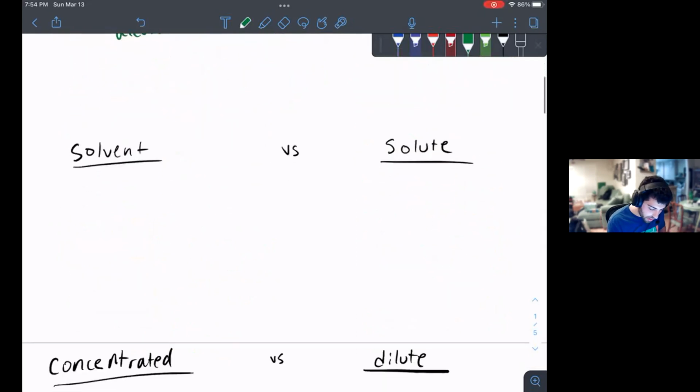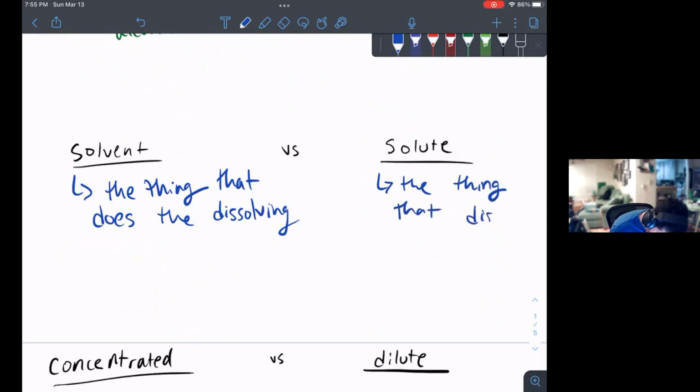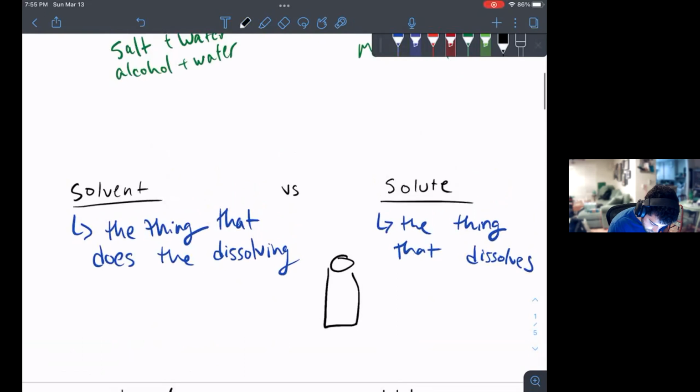The next ones we're going to define are solvent and solute. Solvent is the thing that does the dissolving. So when you put something in a solution and it dissolves, the solution that you put it in that dissolves it, that's your solvent. Your solute is the thing that dissolves. So we're going to go back to our example with some water.